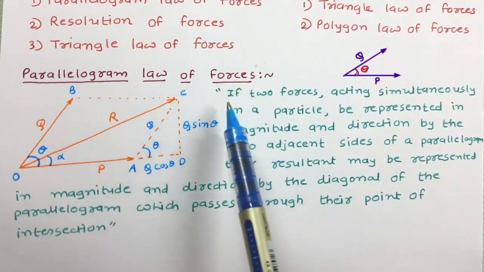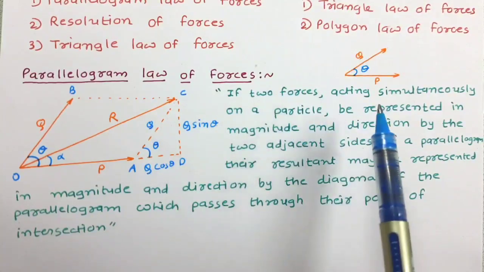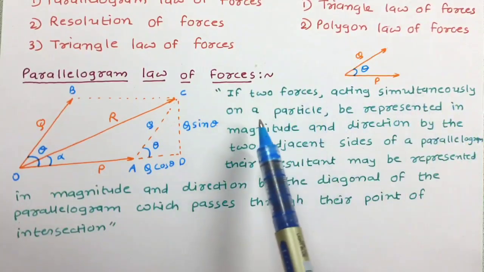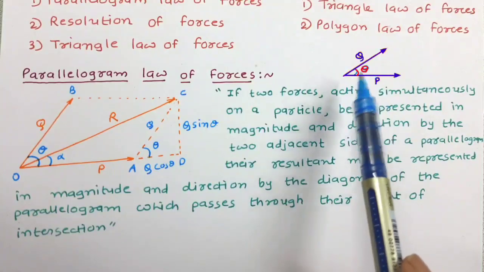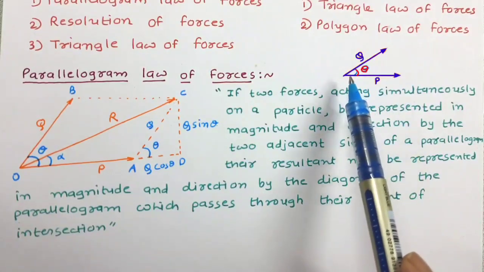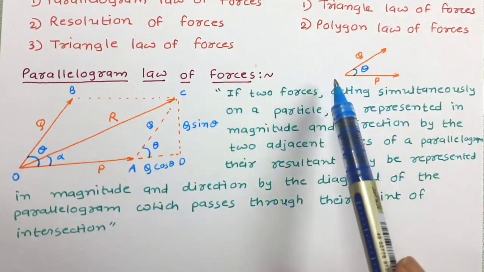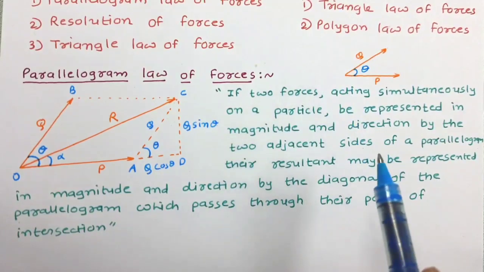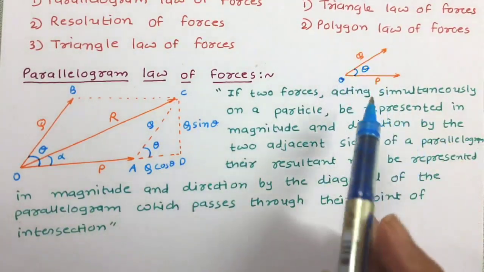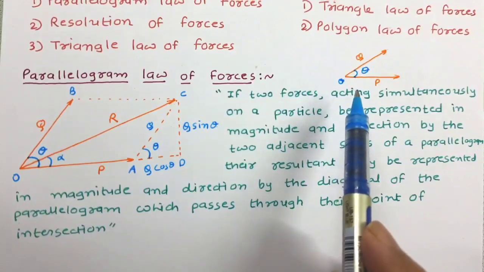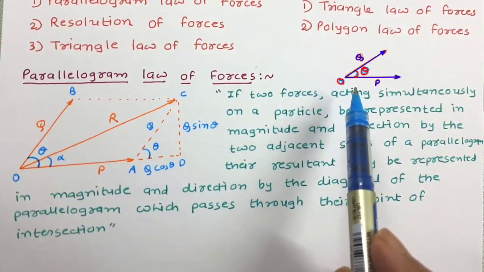According to this law, if two forces act simultaneously on a particle like this, here two forces P and Q are acting on this particle simultaneously. This is particle O on which these two forces are acting.